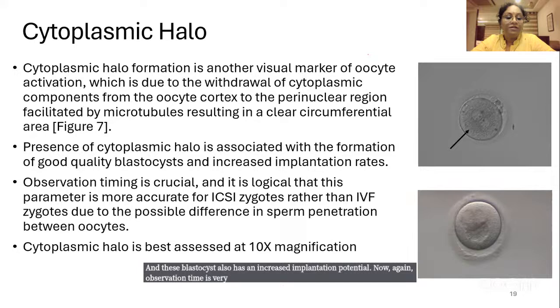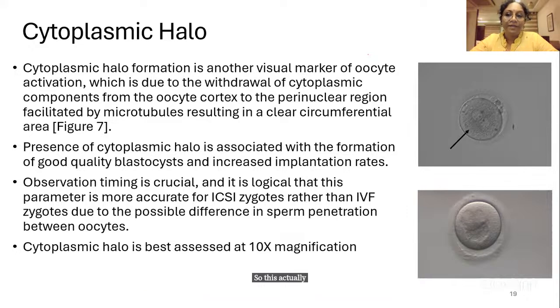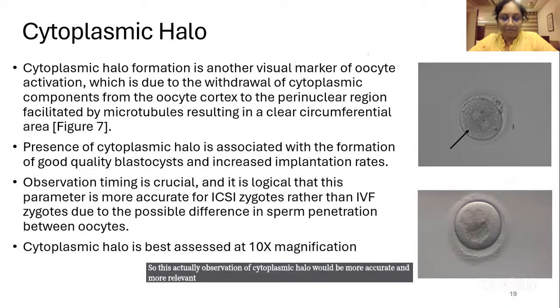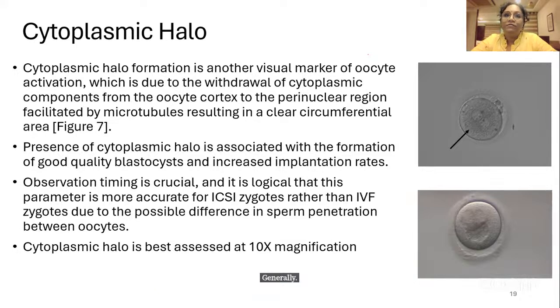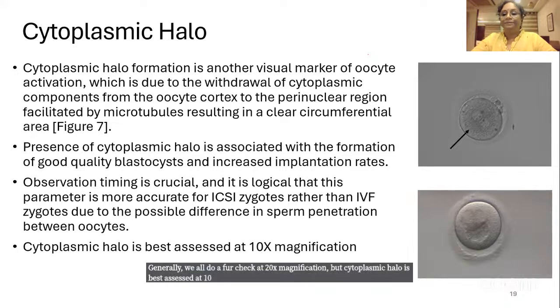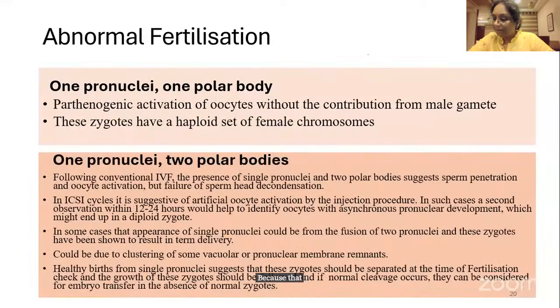In ICSI zygotes it is more accurate because you know what time the sperm has been placed inside the oocyte. In IVF, we do not know. So observation of cytoplasmic halo would be more accurate and relevant in ICSI zygotes. Generally, we all do FERT check at 20x magnification, but cytoplasmic halo is best assessed at 10x magnification because that gives you a clear idea.